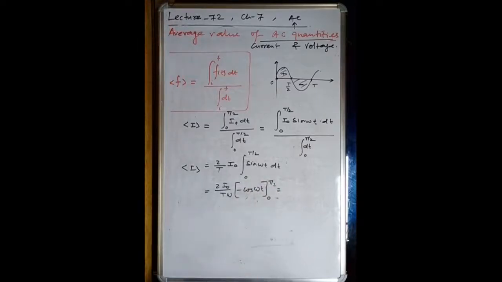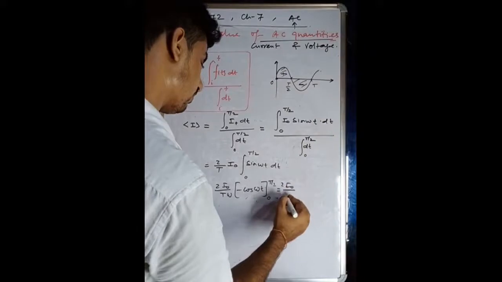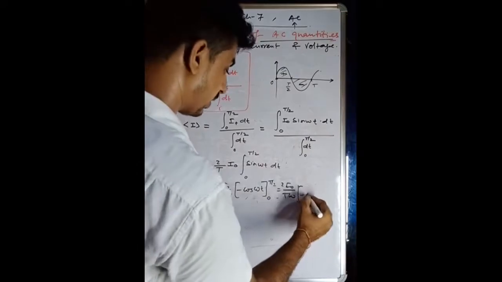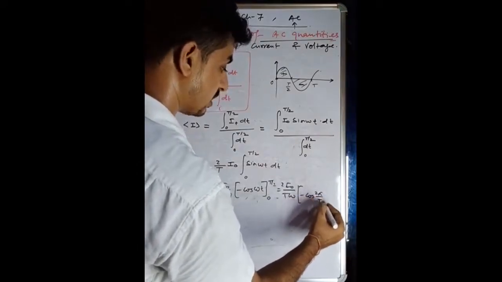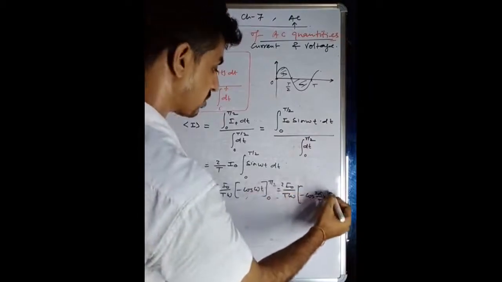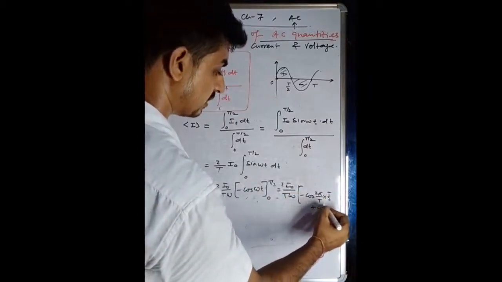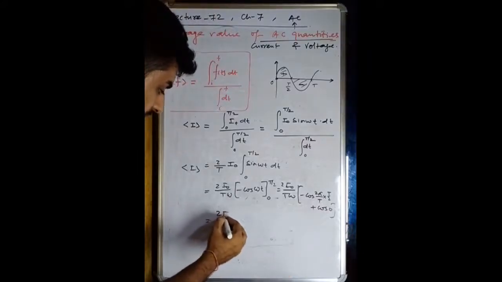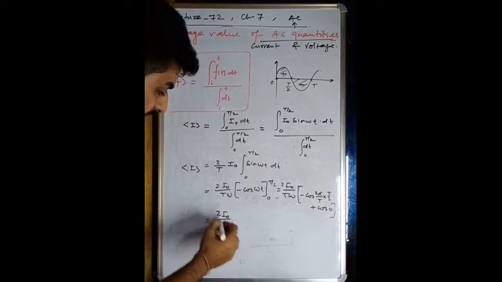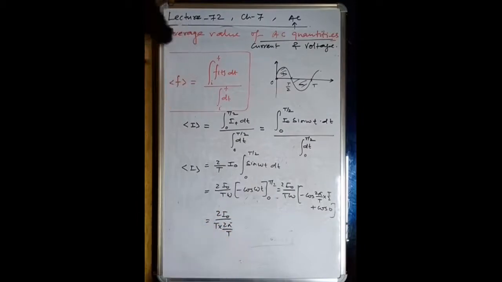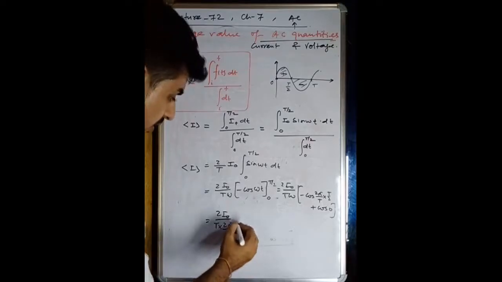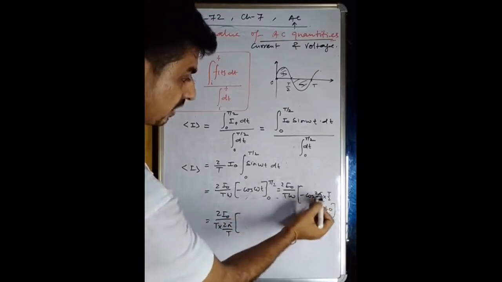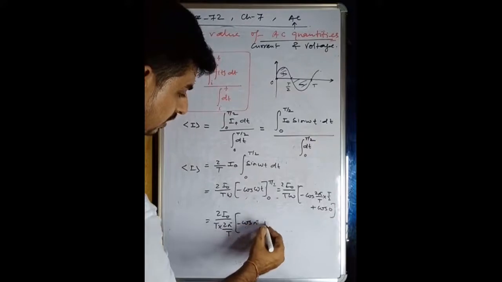We are going to put the values here: 2 I naught by T omega, and here minus cosine omega T, where omega is 2 pi by T, into the upper limit T by 2, plus cos 0. I hope you understand. 2 I naught by T, and this omega can be written as 2 pi by T. Here this T will be cancelled out, 2 will be cancelled, minus cos pi plus cos 0.